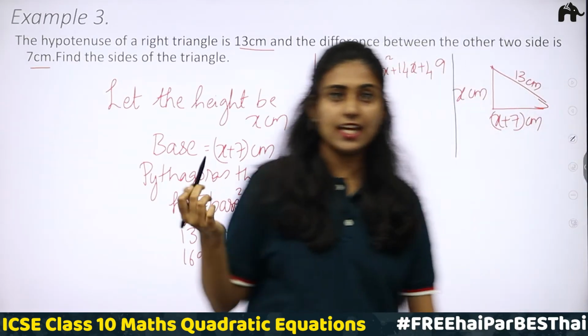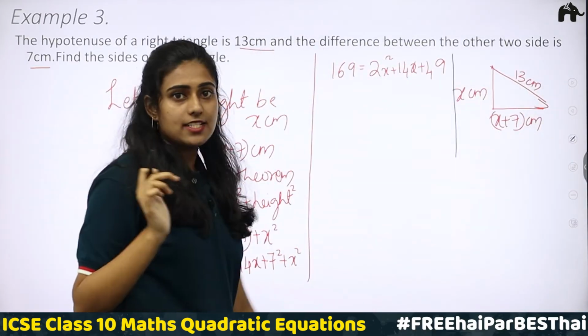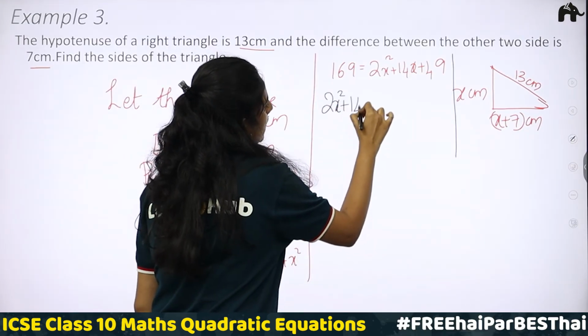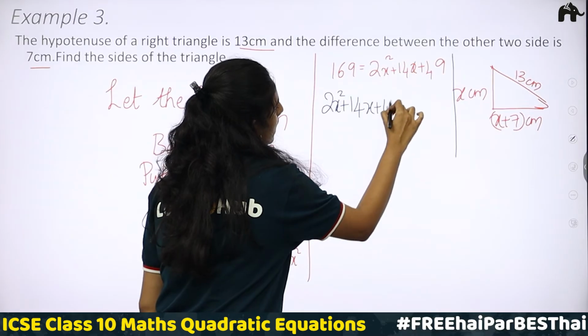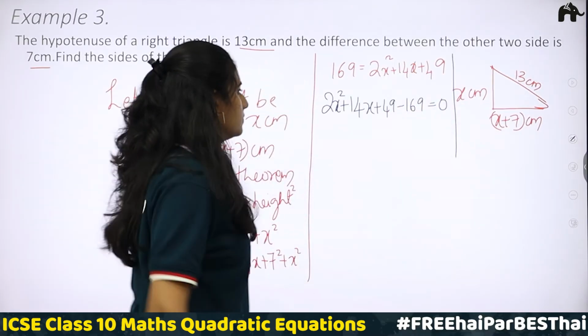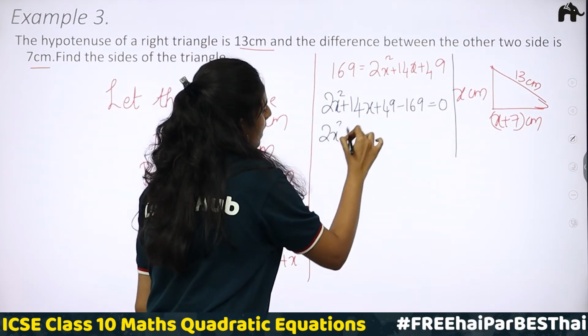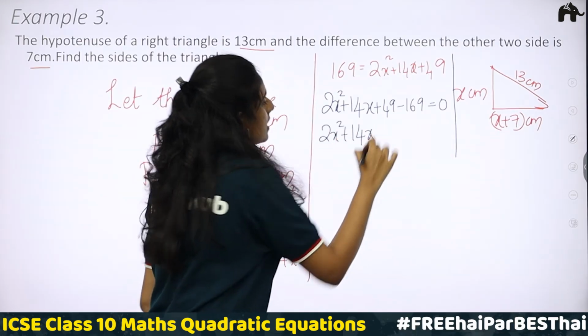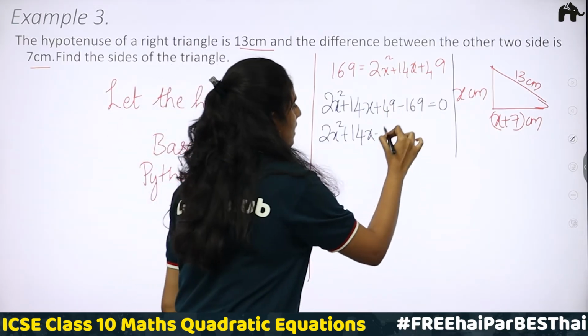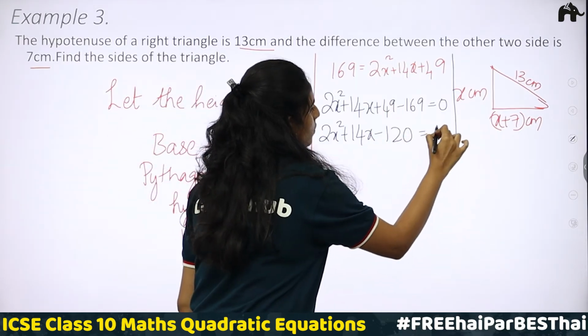We can rearrange this to get the standard quadratic equation. 2x square plus 14x plus 49 minus 169 is equal to 0. That is 2x square plus 14x plus 49 minus 169, that is minus 120, is equal to 0.